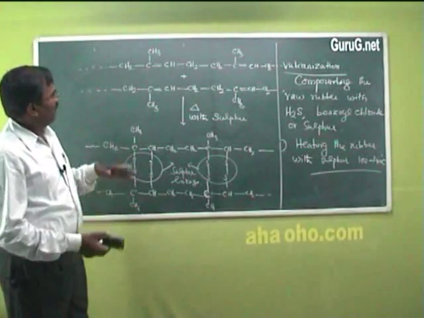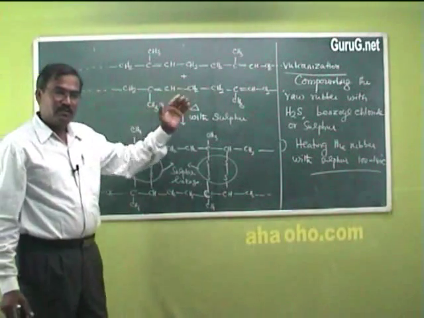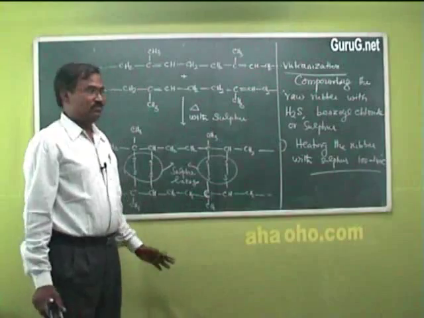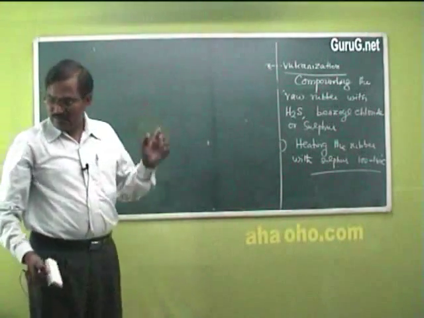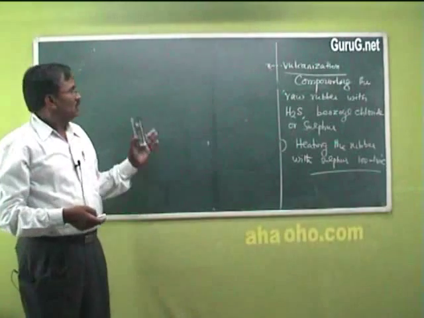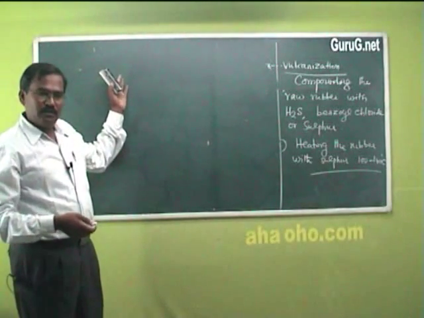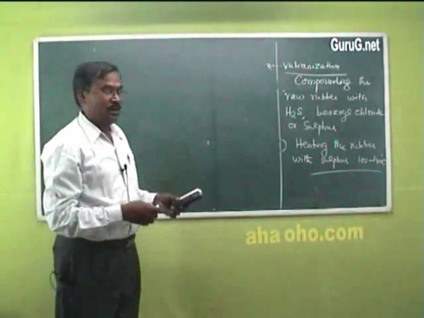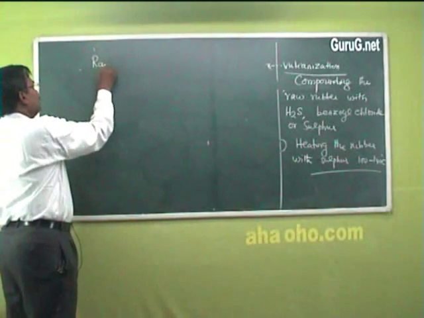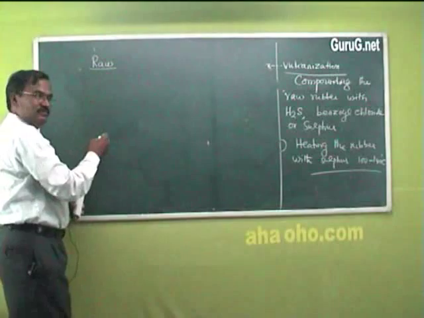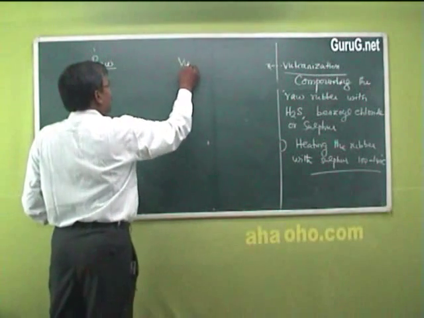Now let me compare the raw rubber with vulcanized rubber in terms of properties. It is very simple. Already we have listed some of the problems you are facing with raw rubber, and all the problems are rectified. So this is the raw rubber, and here this is vulcanized rubber.